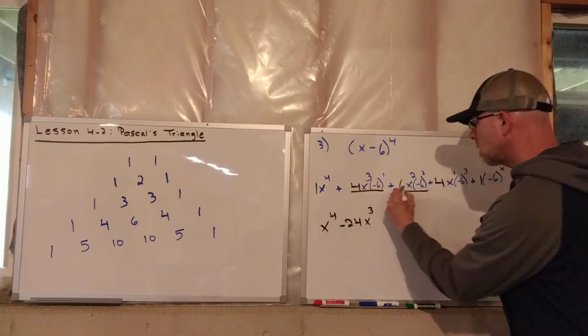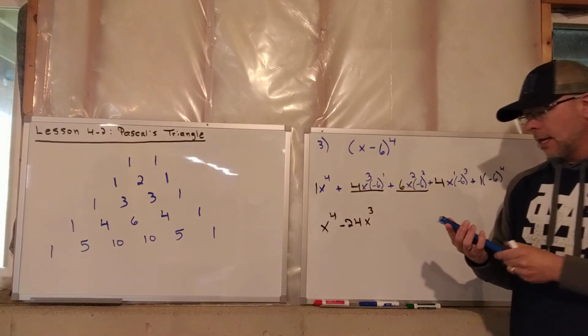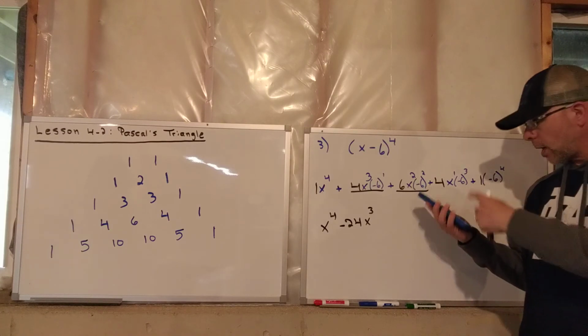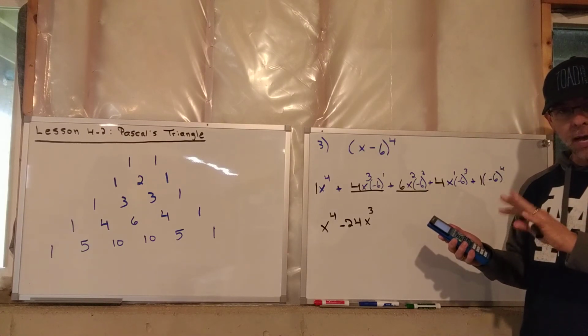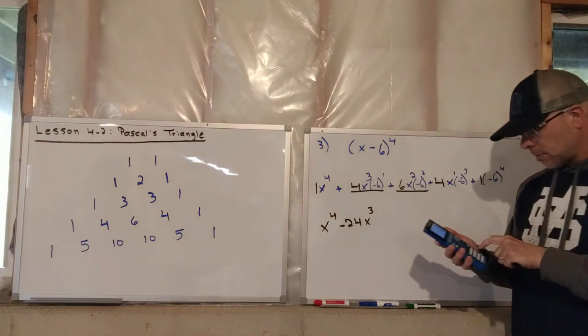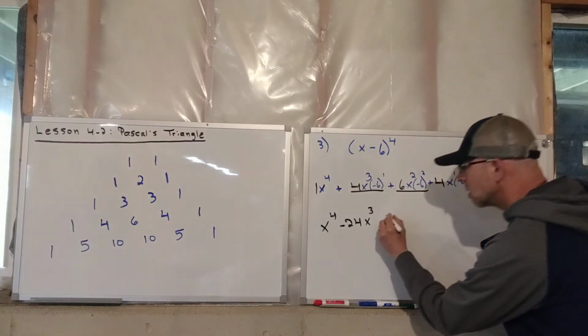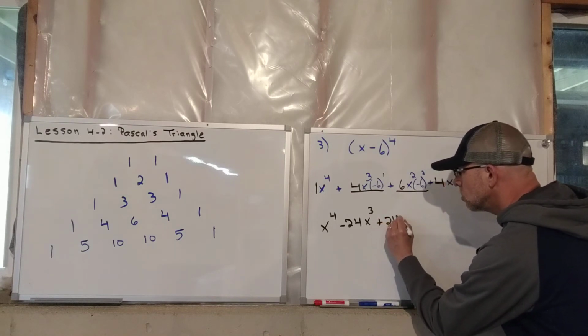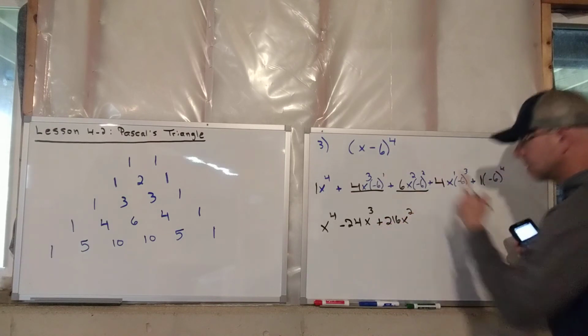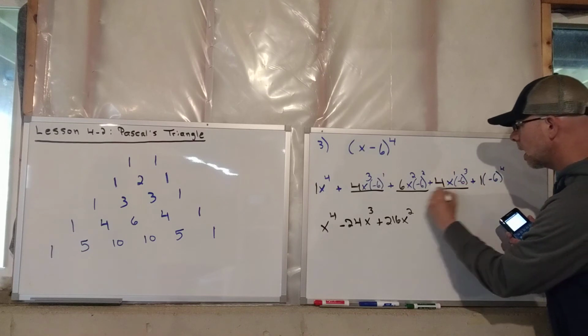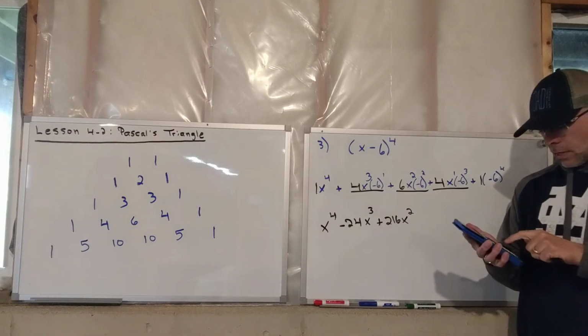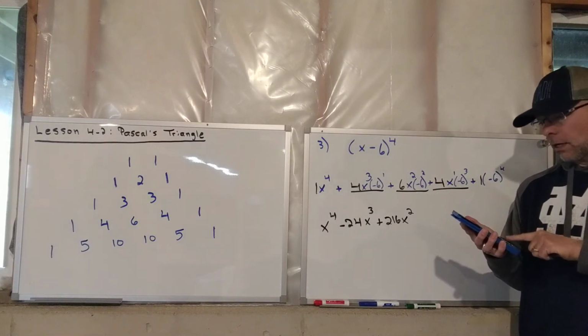Now this term, as I was just explaining to you, negative 6 squared is 36, positive. Times the 6 out front from Pascal's triangle, that's 216, it's positive. 216x to the second. That's an x to the second term. Okay, here. Negative 6 to the third.